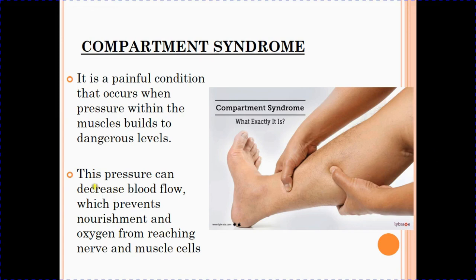So this pressure can decrease the blood flow and prevent the nourishment and oxygen from reaching the nerves and the muscle. It is a painful condition and the treatment is fasciotomy, cutting the fascia, opening the fascia so that pressure is released.